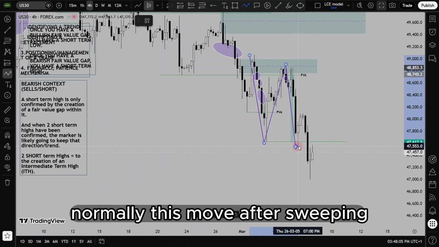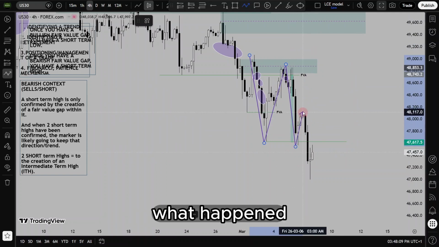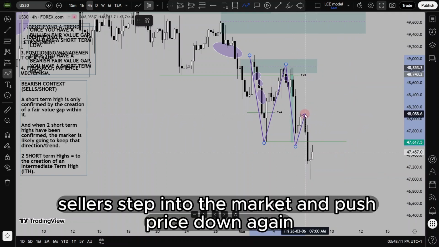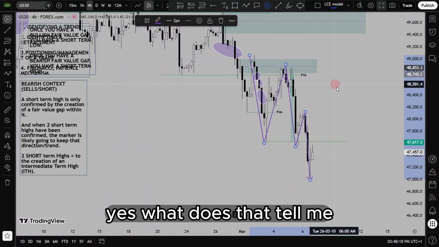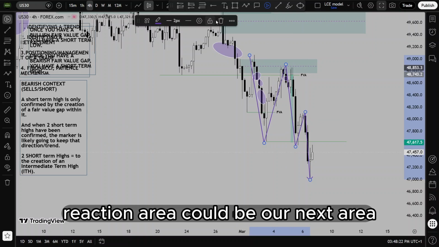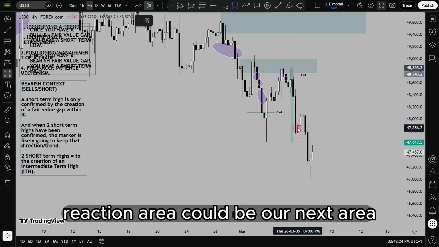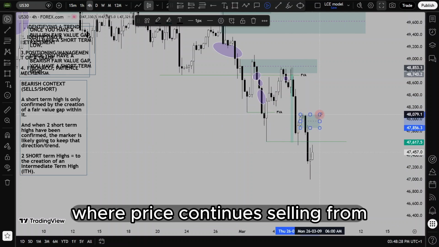Normally, this move after sweeping is supposed to continue going up, but he couldn't. Instead, what happened? Sellers stepped into the market and pushed price down again. What does that tell me? That tells me that this area, reaction area, could be our next area where price continues selling from.